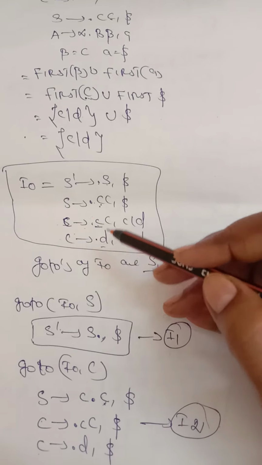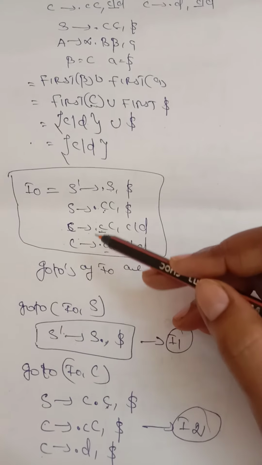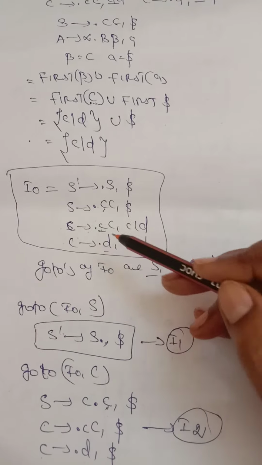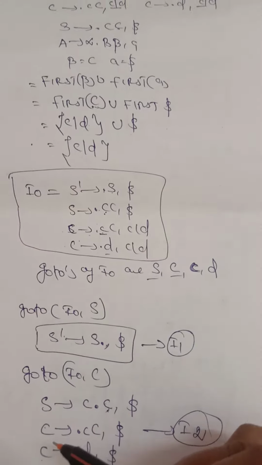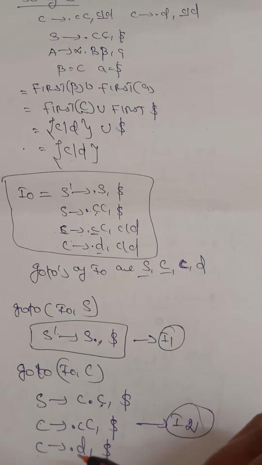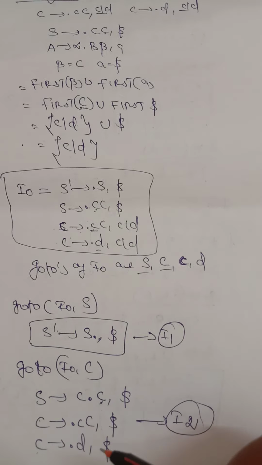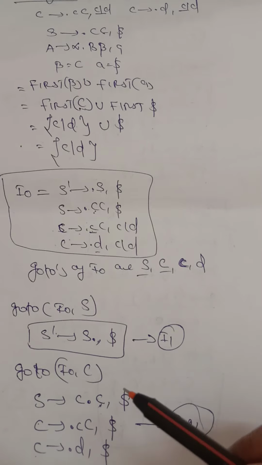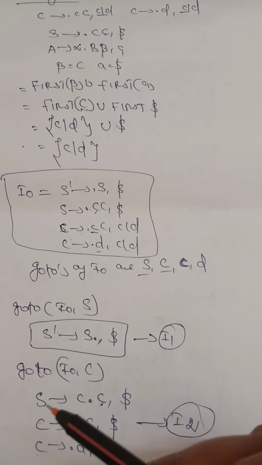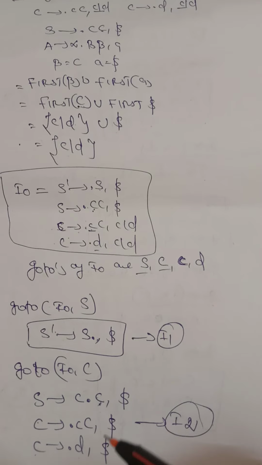What are the productions? C goes to, but we have to copy only the first component. Just ignore the second component, consider only the first component, then write it here: C goes to dot small c capital C comma, C goes to dot d comma. Then the second component value is the same as its referred production. Here the referred production is S goes to C dot C. So what is its second component? Dollar. So you just add that here.